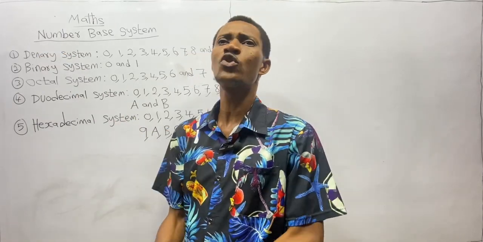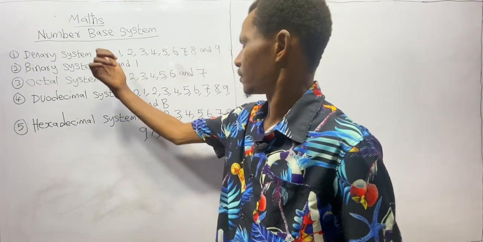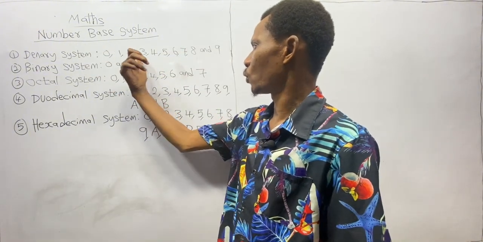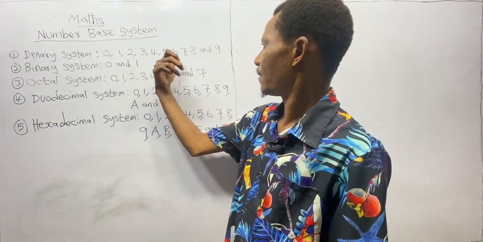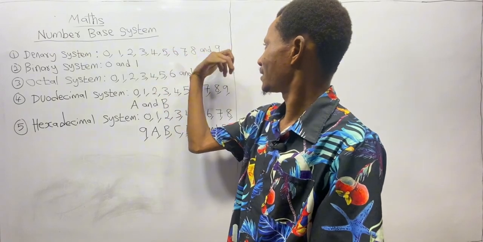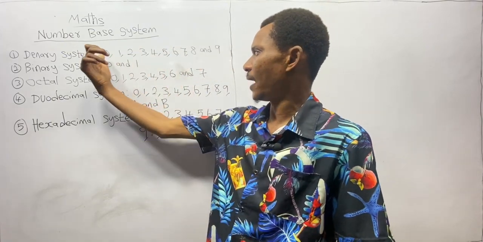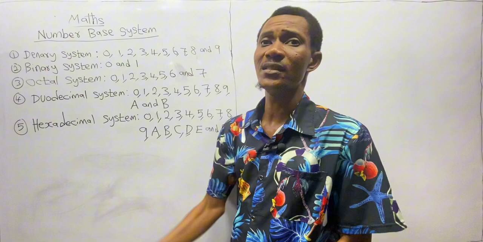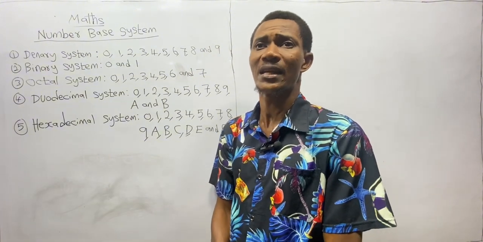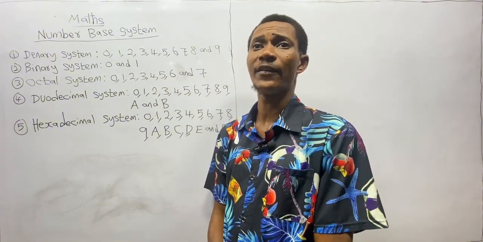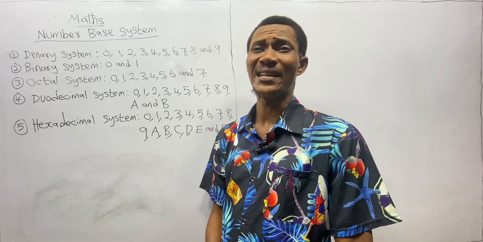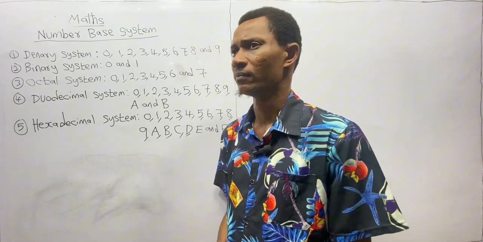The digits used in base 10 are 0, 1, 2, 3, 4, 5, 6, 7, 8, 9. These 10 digits are the digits used in base 10 or in the decimal system.